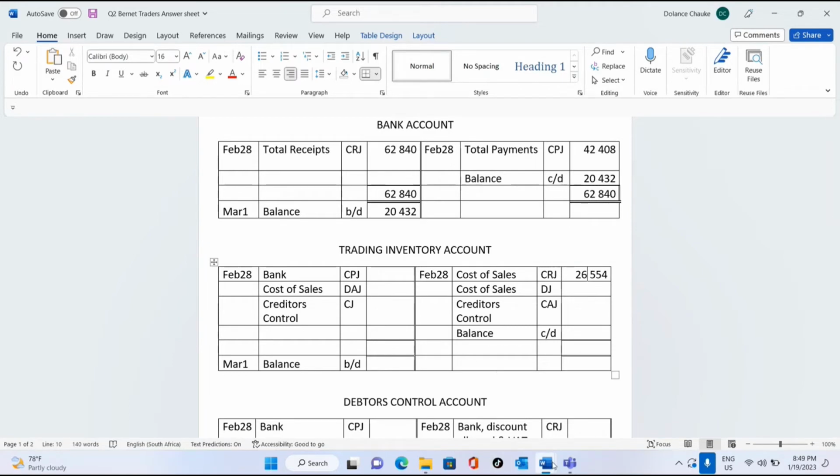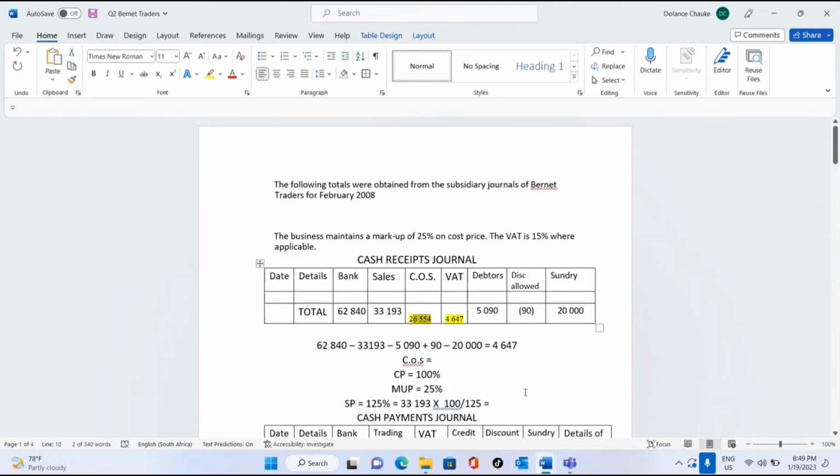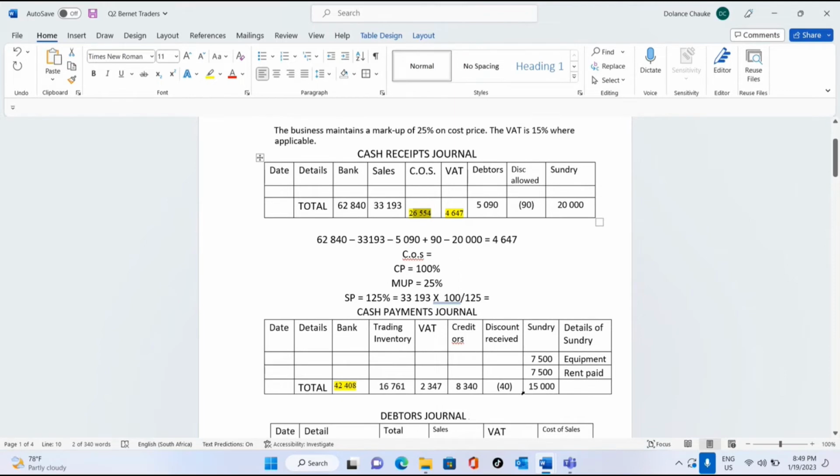Let's go to our cash payment journal. Under our cash payment journal, we are going to record the trading inventory, which is 16761. In the cash receipt journal, we were looking at cost of sales. When we go to the cash payment journal, we're going to look at the trading inventory column and take the total 16,761.